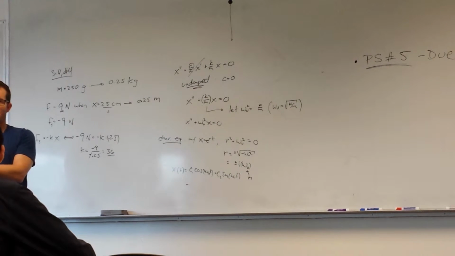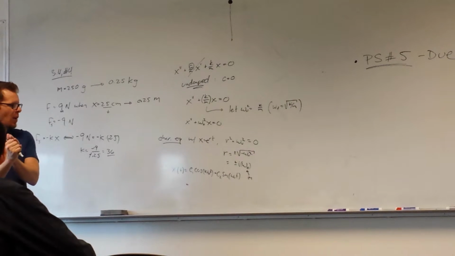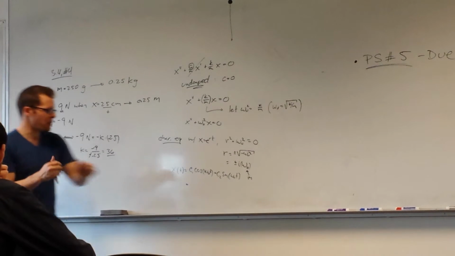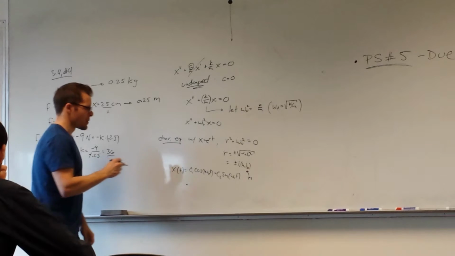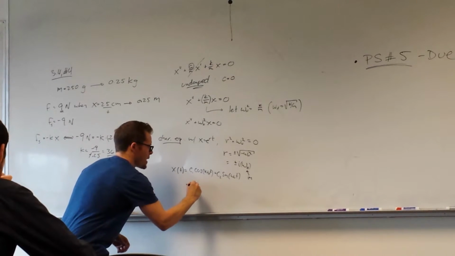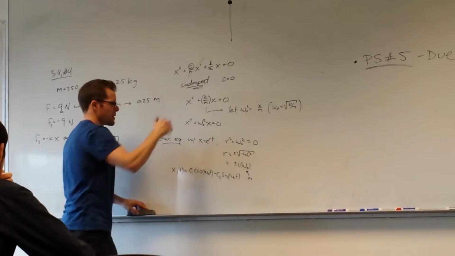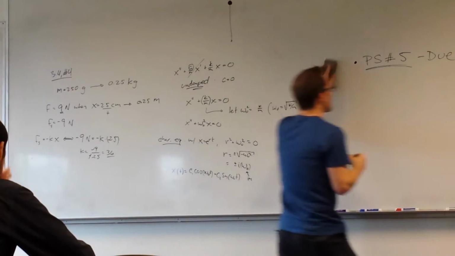I'm not concerned with phase shift, right? That's like a lag time. What I'm concerned about is the period, the frequency, and the magnitude. Okay, but we can find that all from this form. So again, putting these in here, we got cosine. Well, let's just leave it omega naught, and we'll solve for that and deal with that when we're done.